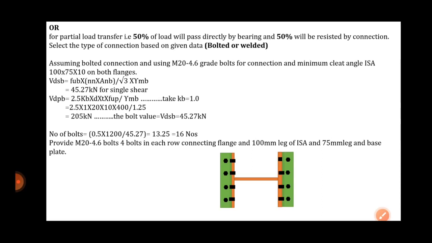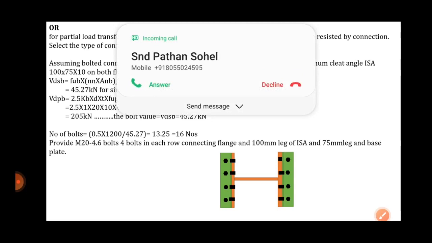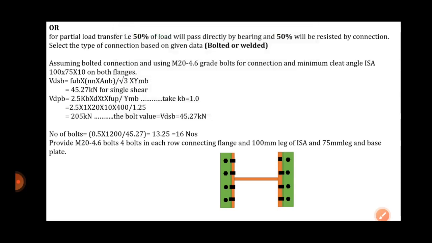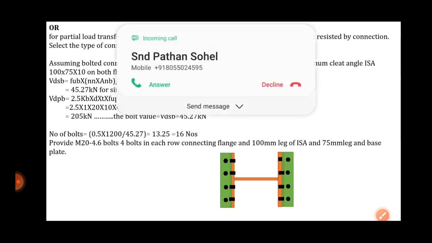If the numerical is totally based upon the design of the connection, then we need to calculate kb from the IS code formulas. Then VDPB and VDSB values are 45.27 kilonewton and 205 kilonewton.